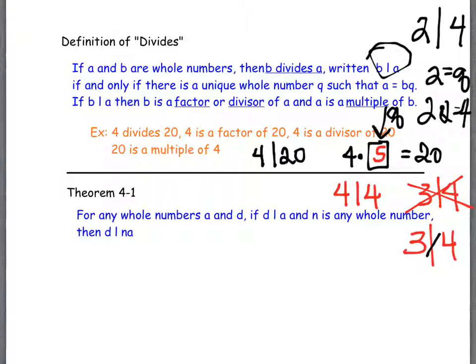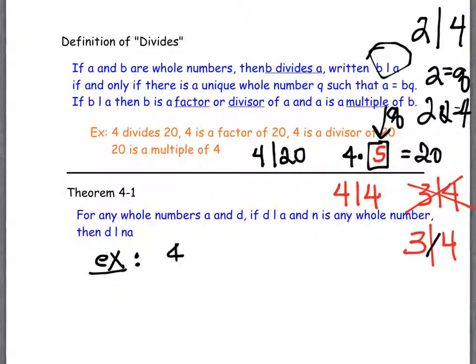All right, our first theorem, and we're going to have quite a few, is that if we have whole numbers a and d, and if d divides a, and n is any whole number, then d divides n times a. So let me just give you an example here so you can see what this means. Let's use that 4 and 20 above. We know 4 divides 20, right?